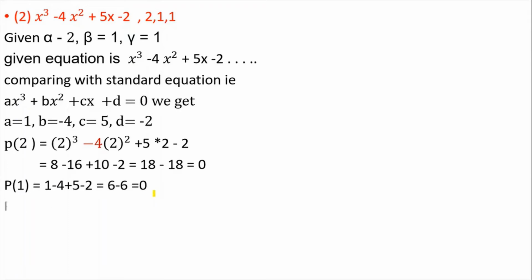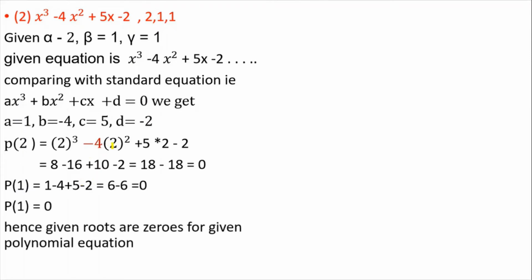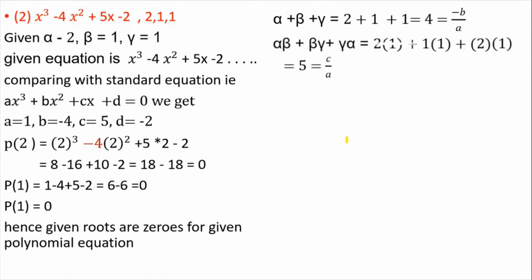To establish the relationship between the zeros and their coefficients, we know that the sum of the zeros, alpha plus beta plus gamma, is equal to minus b by a, and the sum of the products of zeros two at a time, alpha beta plus beta gamma plus gamma alpha, is equal to c by a, and the product of zeros, alpha beta gamma, is equal to minus d by a.